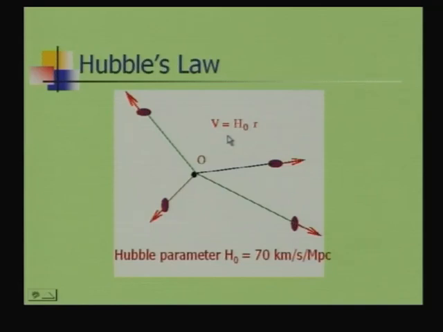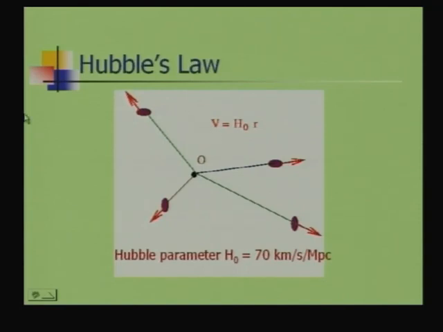It is called the Hubble constant or the Hubble parameter. So here I have written down Hubble's law: V is equal to H naught r. From these observations of redshifts, what you can actually measure is just the radial component of the velocity, but we assume that that is the only motion of the galaxy.